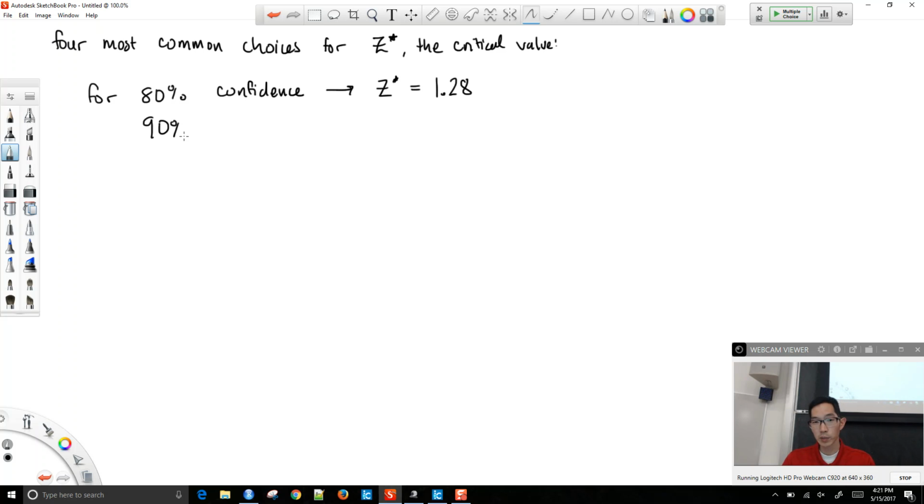For 90% confidence, if you follow the same line of thinking, you'll find two values that are very close, 1.64 and 1.65. So we split the difference and we go with 1.645. For 95% confidence, we use z star is equal to 1.96.